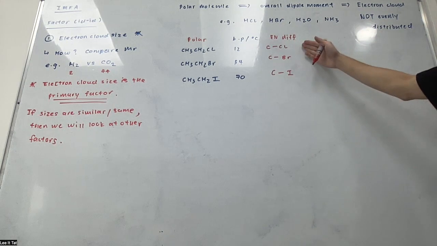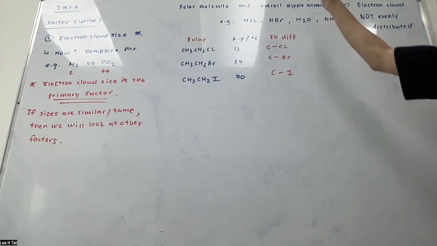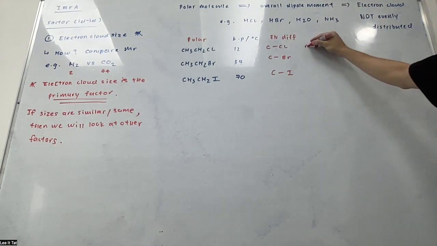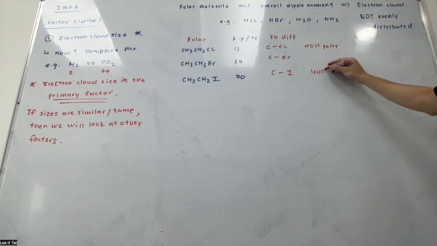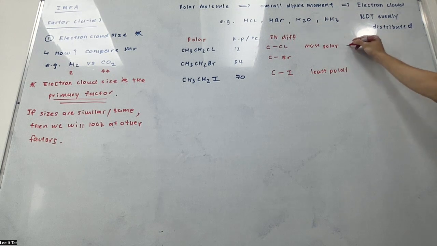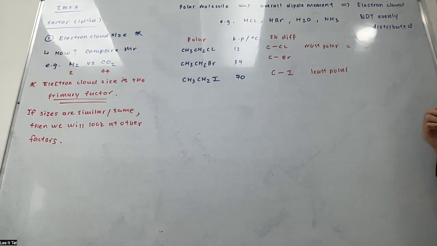The highest in the group is closer to chlorine already, so this will be the most polar, and this will be the least polar. Most polar means the PD-PD attractions are the strongest. Least polar conversely means weakest PD-PD.